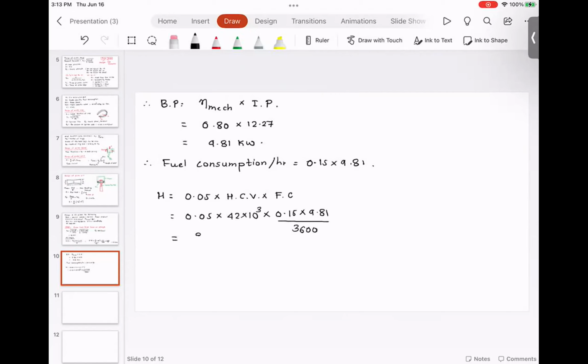So this comes around 850 watts, kilojoules per kg.